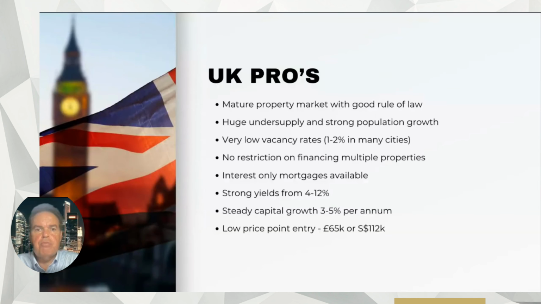With the UK property market, one of the key drivers from an investment perspective is the huge undersupply and the strong population growth. Now, it's estimated in the UK that 300,000 units need to be delivered every single year in order to keep up with the supply.